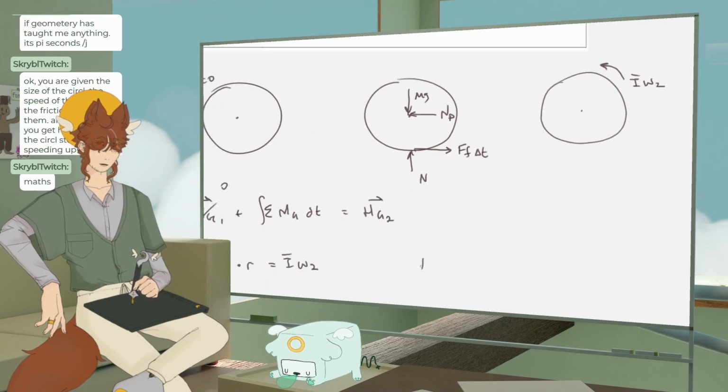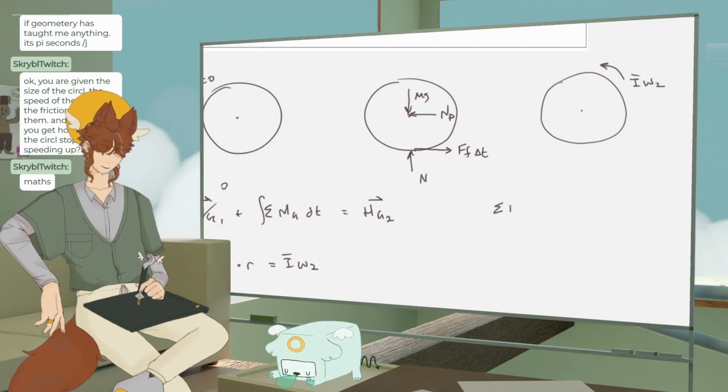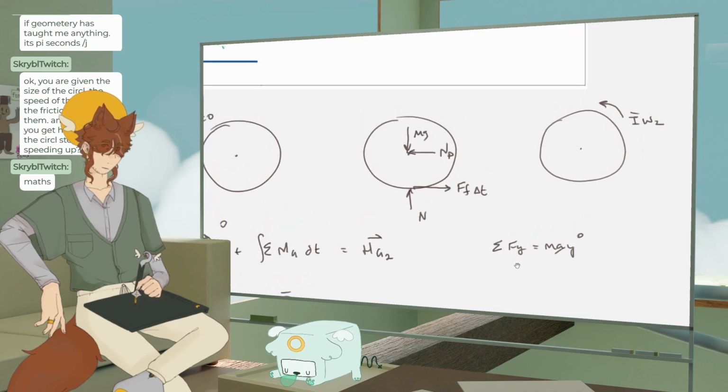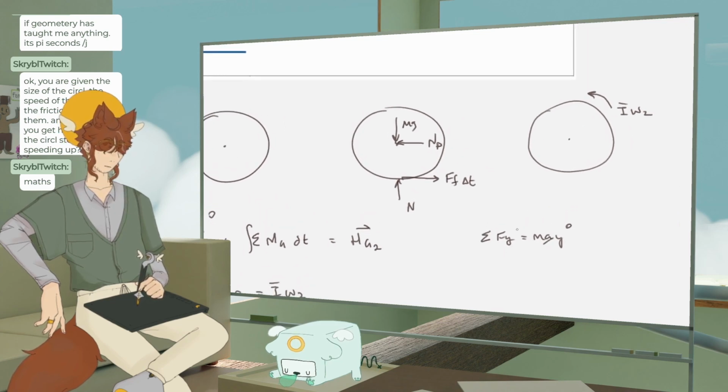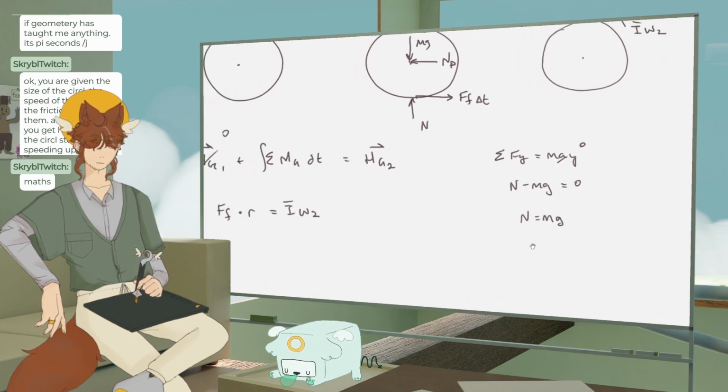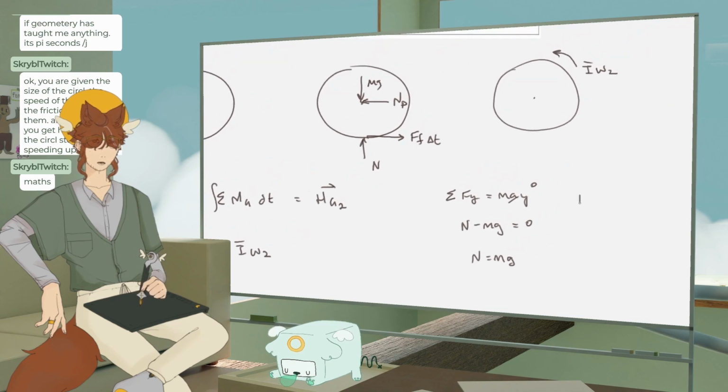Friction. Okay, I'm going to sum of forces in y equals may. We don't have any. It's not moving up or down. It's just rolling. So we're going to have n minus mg equals 0. So n equals mg. Yes, I have to write that out every time. I'm sorry. Then we're going to do ff.